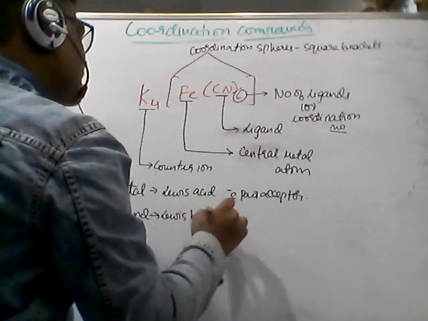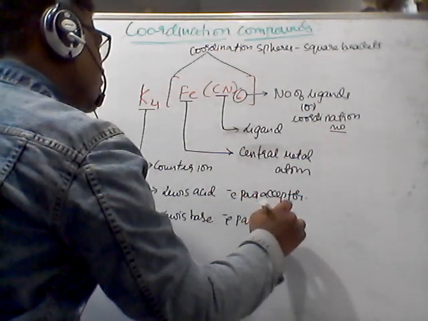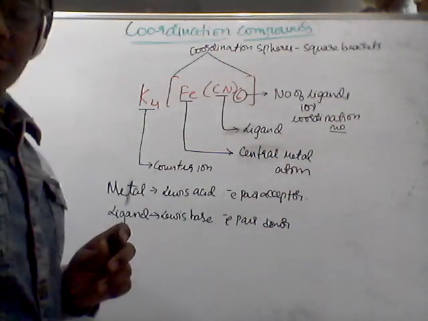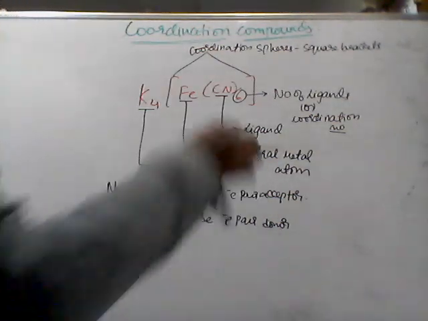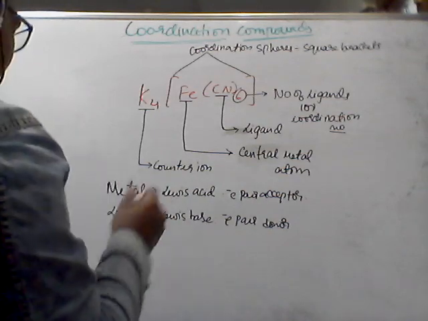What is a Lewis base? Electron pair donor, correct? Fine. So the metal should be an electron pair acceptor and the ligand should be an electron pair donor.